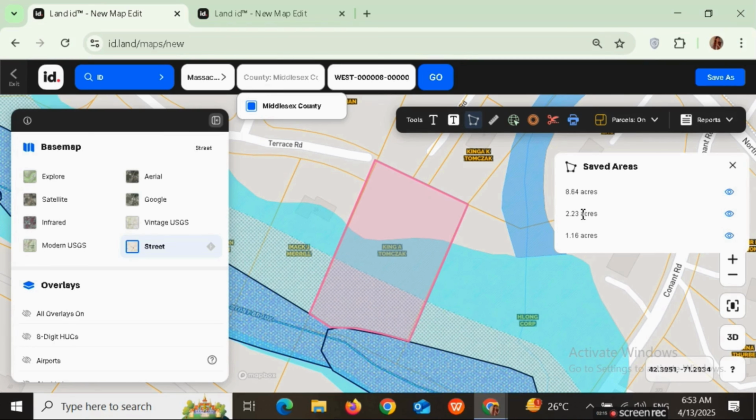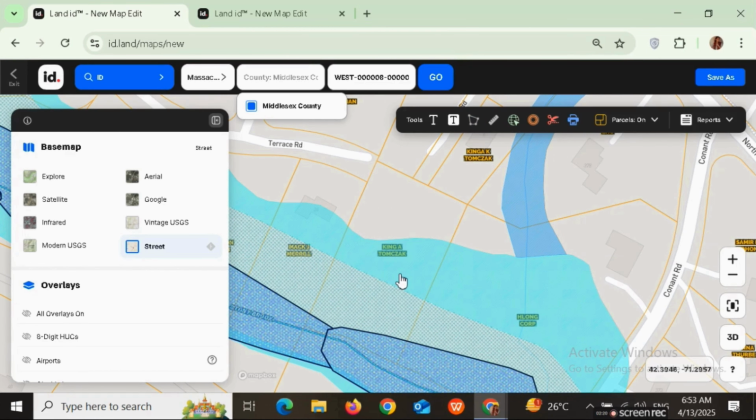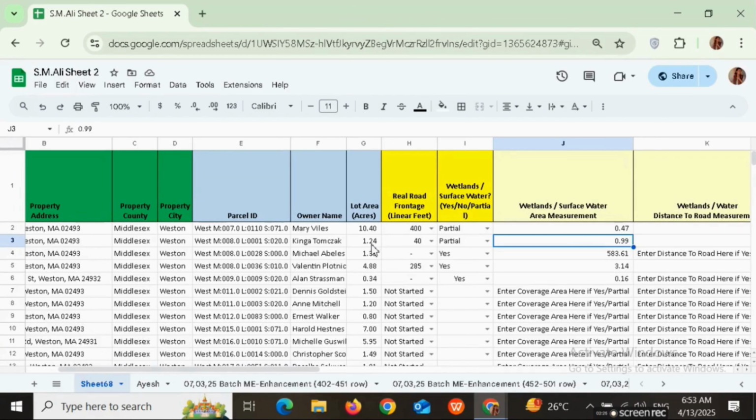Then I find the value over here, and I subtract that value from the original lot area value. The value I find, I put on this column. It is the concept I follow.